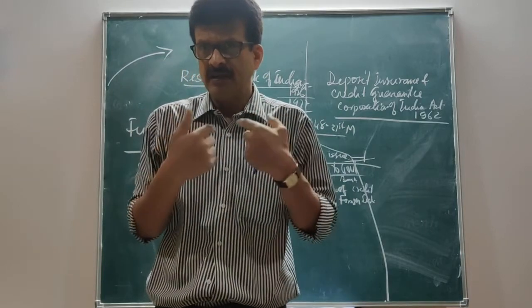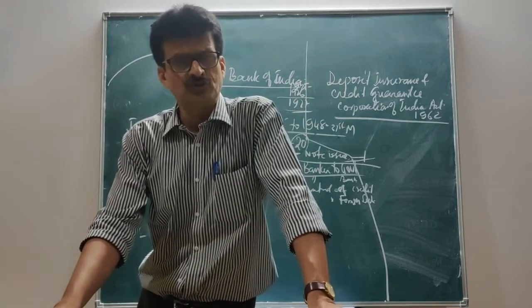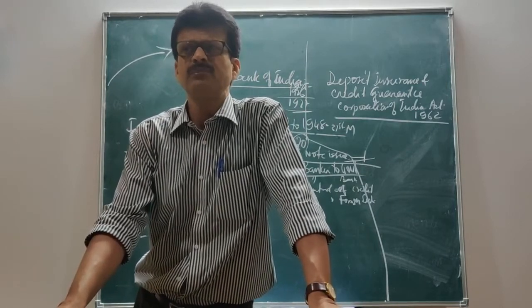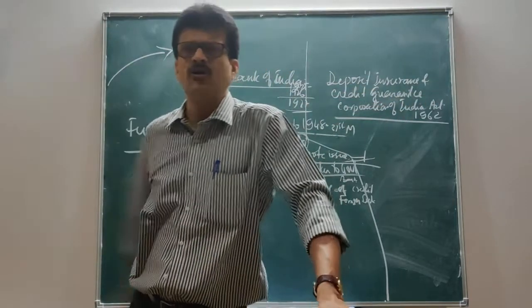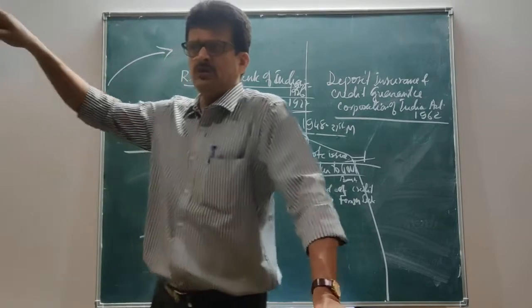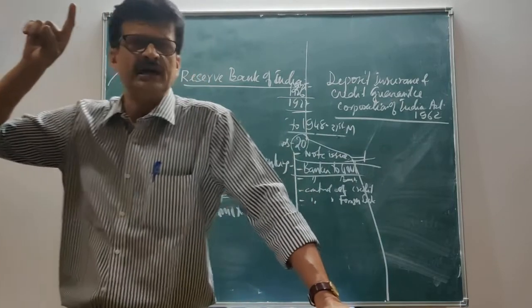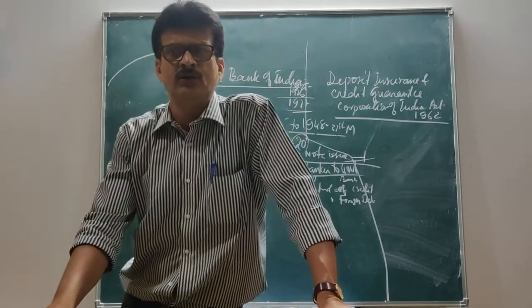RBI, being the custodian of our economy, of the banks, of the banking structure and operations in India, should ensure from time to time, and direct all the bankers: I want to see balanced growth of all sectors. There cannot be any sector which is ignored for want of credit facility.